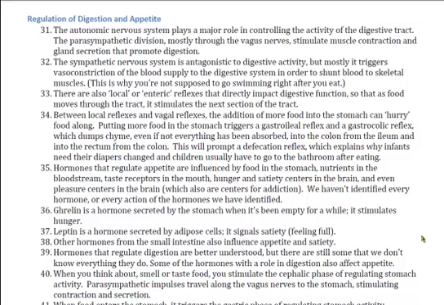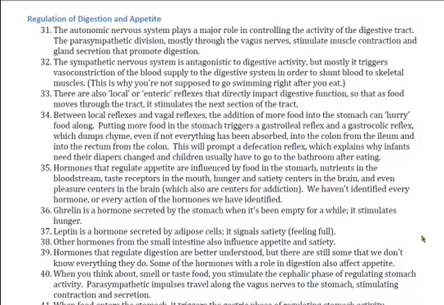The sympathetic nervous system tends to shut down digestive activity, but the main way that it affects digestive activity is that it vasoconstricts the blood supply to the digestive system when you're physically active and you need that blood to go to your skeletal muscles, and that's why you're not supposed to go swimming right after you eat.